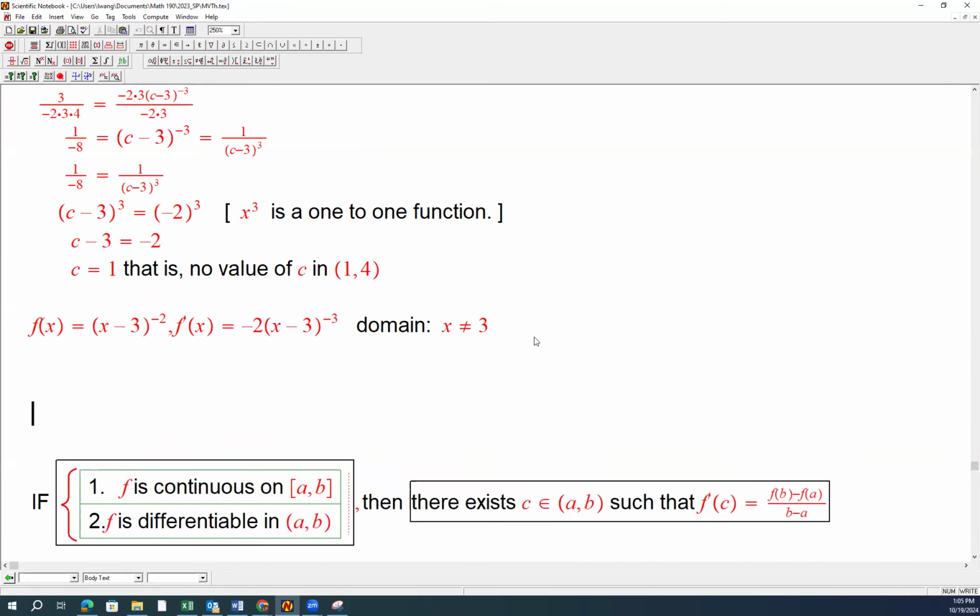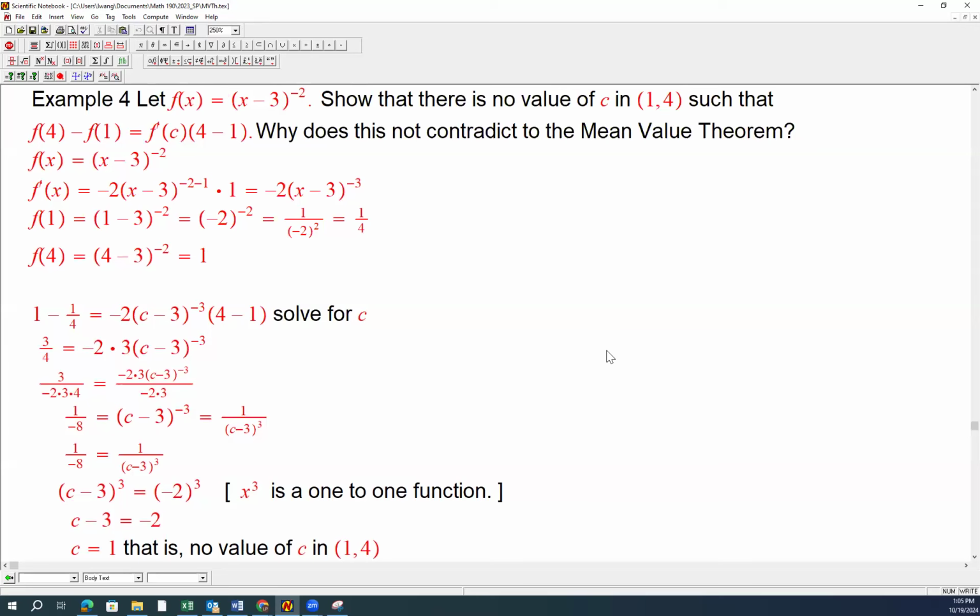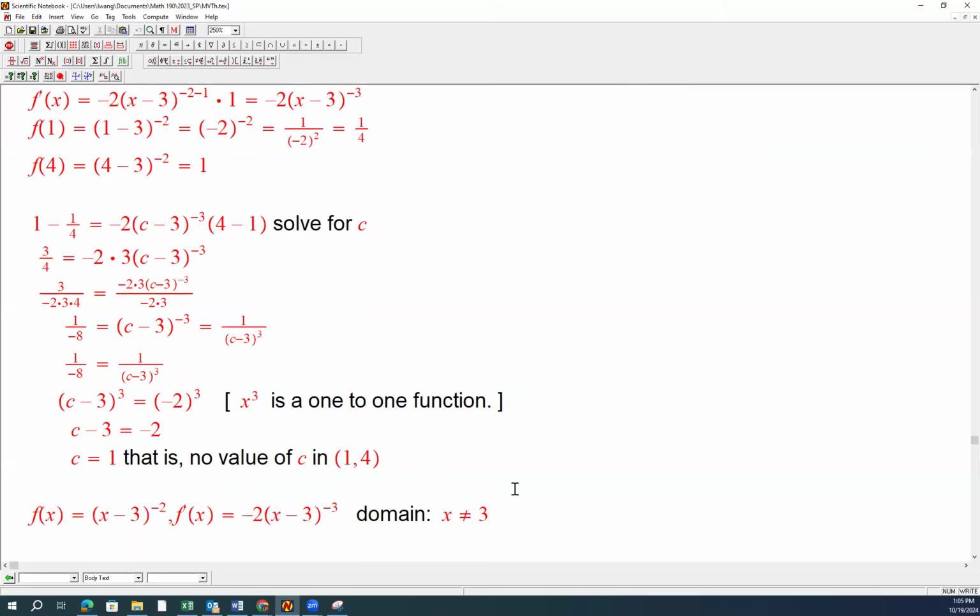And let's look at the interval of our consideration. The interval in our consideration contains 3.